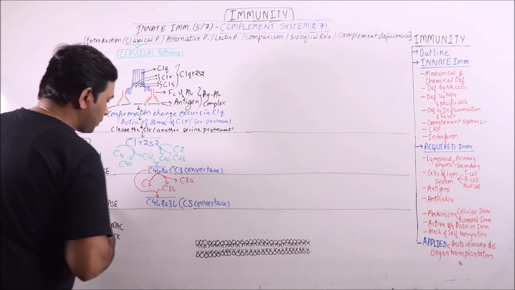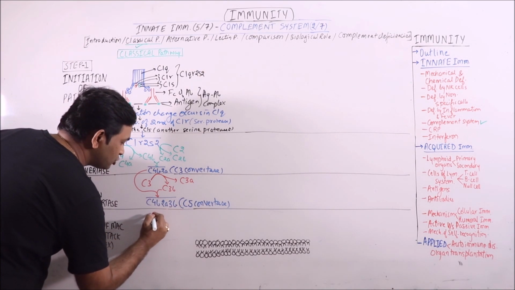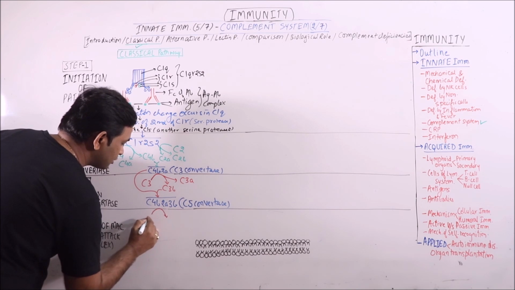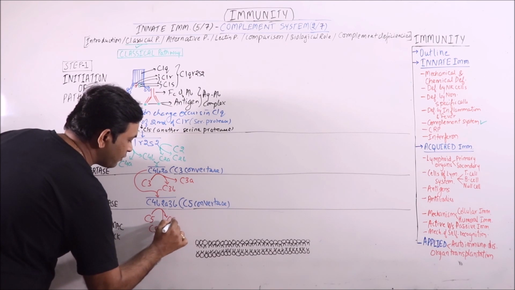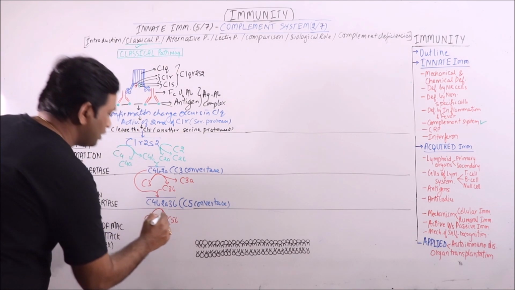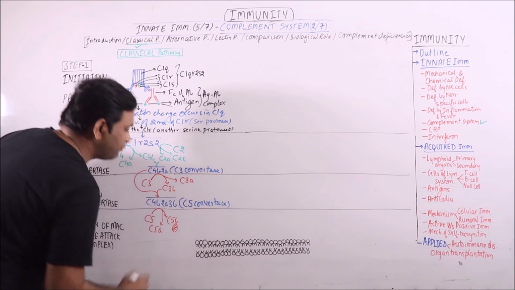How it will work? This is C5 convertase, so it will convert C5 into C5A and C5B. Let it be C5B.